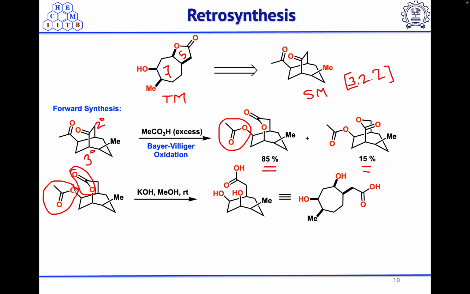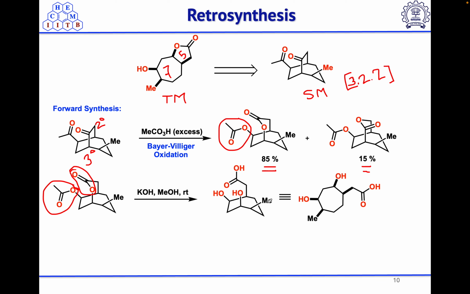Basically we'll get this OH and this acetic acid. In this lactone we'll have this acetic acid, carboxylic acid at this side, and this alcohol, a secondary alcohol. Now if you redraw this molecule, this is nothing but this 7-member lactone with all stereochemistry.